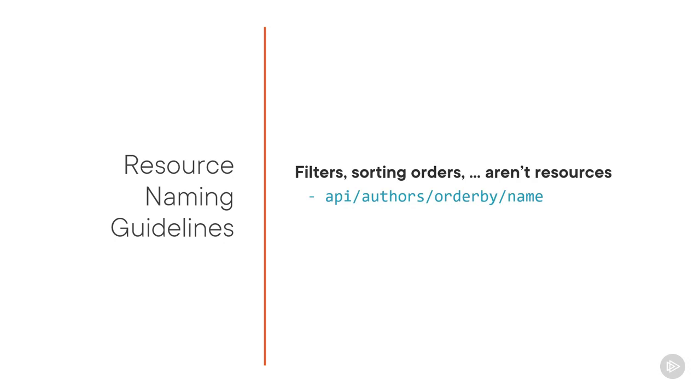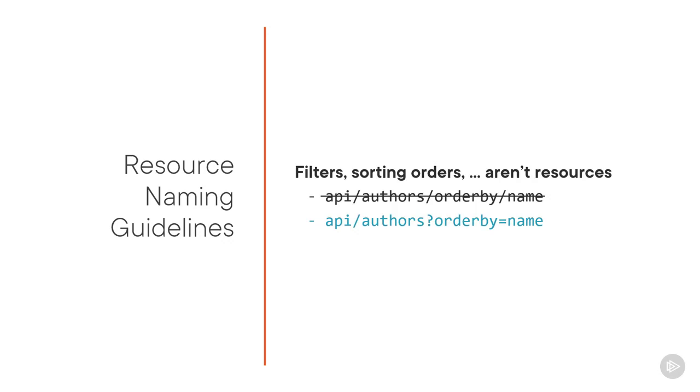Order by is not a noun. And a URI like this would mean that we potentially defined three different resources: author/order by and authors/order by/name. That is not what we wanted to do. We didn't want to define new resources, we want to order our already existing authors resource. So API/authors?orderBy=name is the way to go.